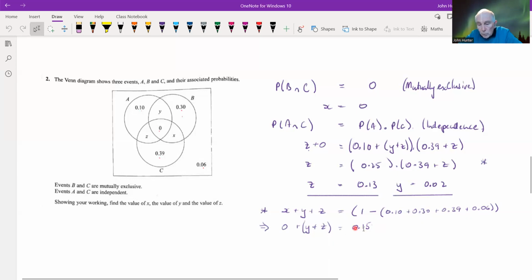Since they add up to 0.15, we know that Y is equal to 0.02. So we've got our X 0, our Y 0.02, and our Z, which is 0.13. I've not got many lines on here, but there's one or two subtle bits of thinking. The main thing we've done is apply these two events.